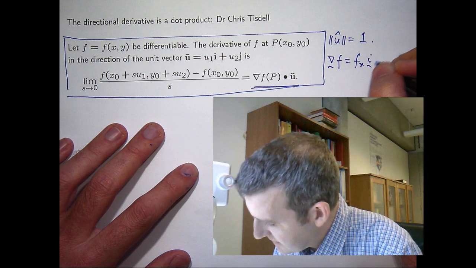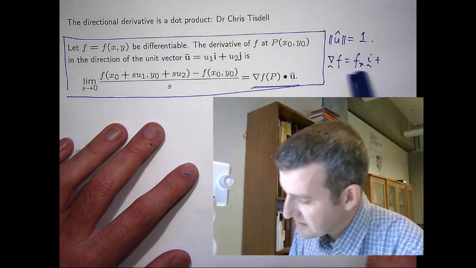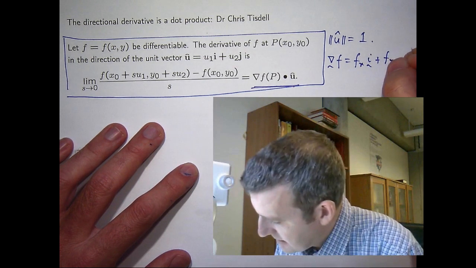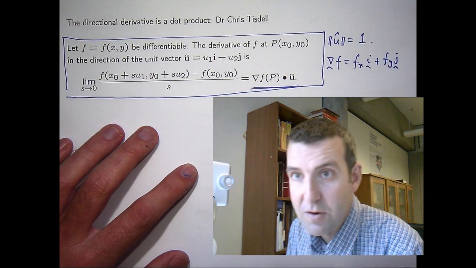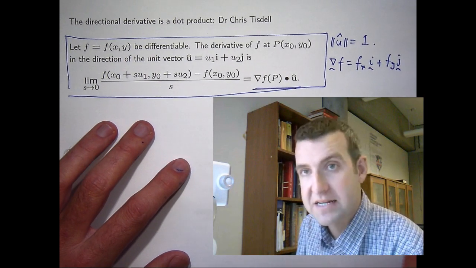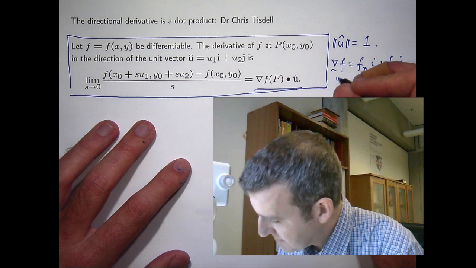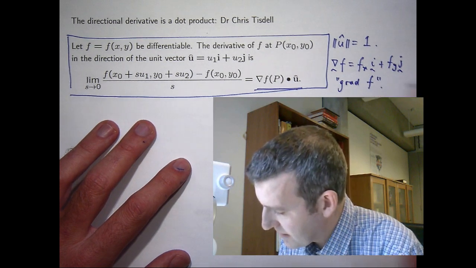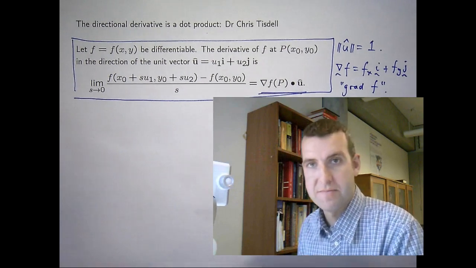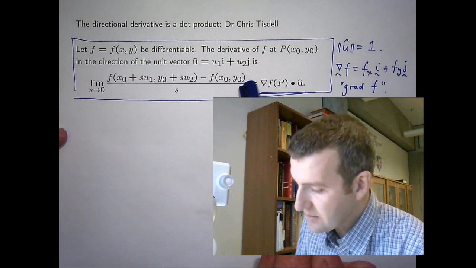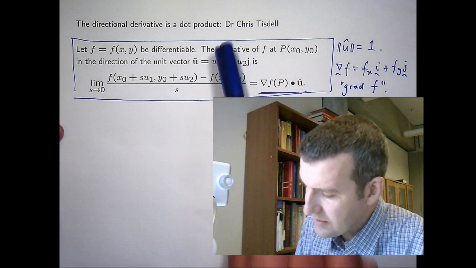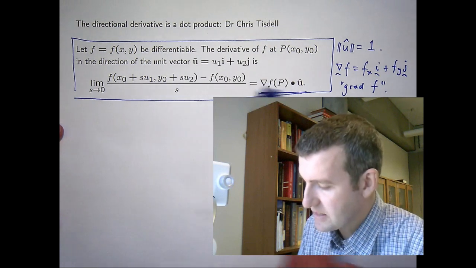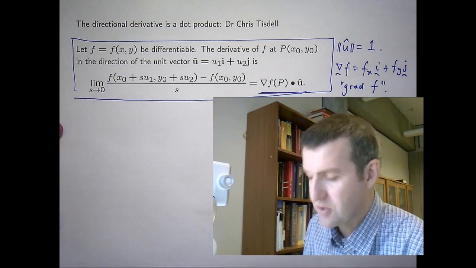Essentially you take the partial derivatives df dx and df dy and you write them as a vector. Okay, so sometimes we refer to this as grad f, or the gradient of f. Okay, so I'm going to show that under these conditions this limit is actually equal to this dot product.